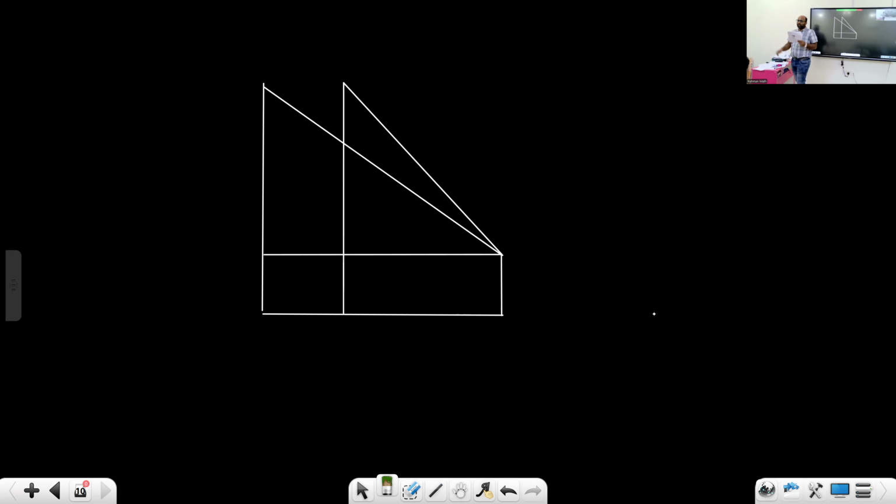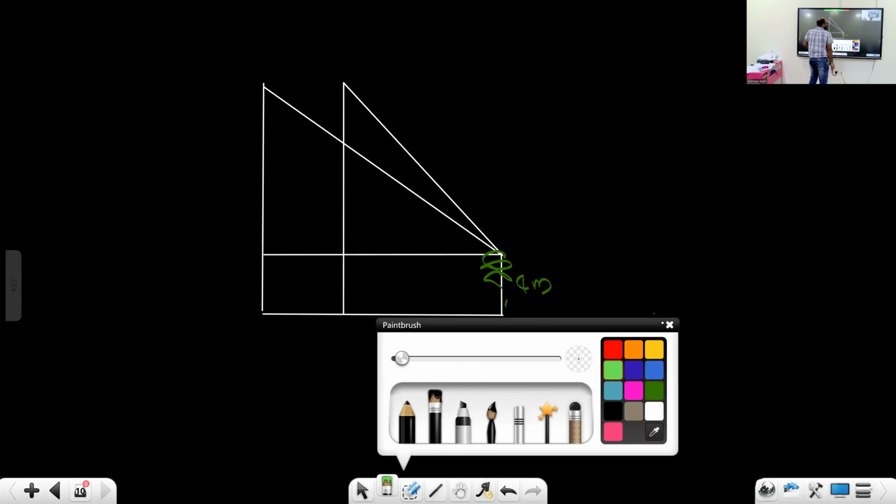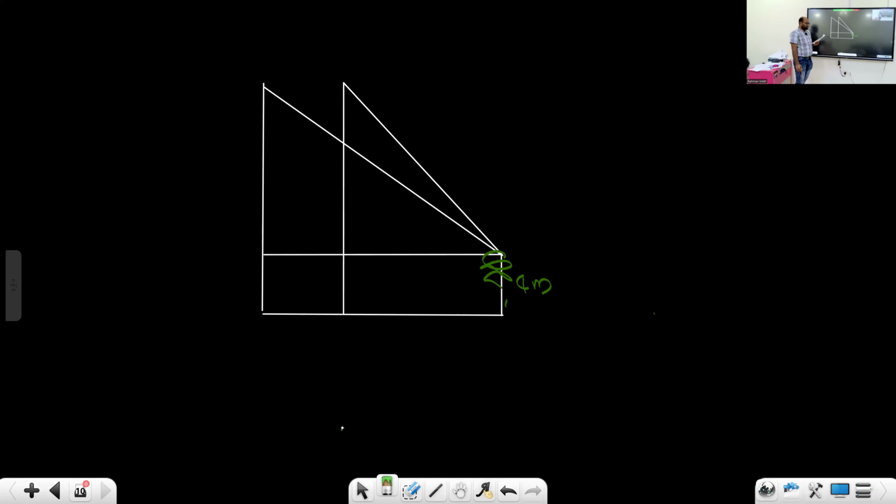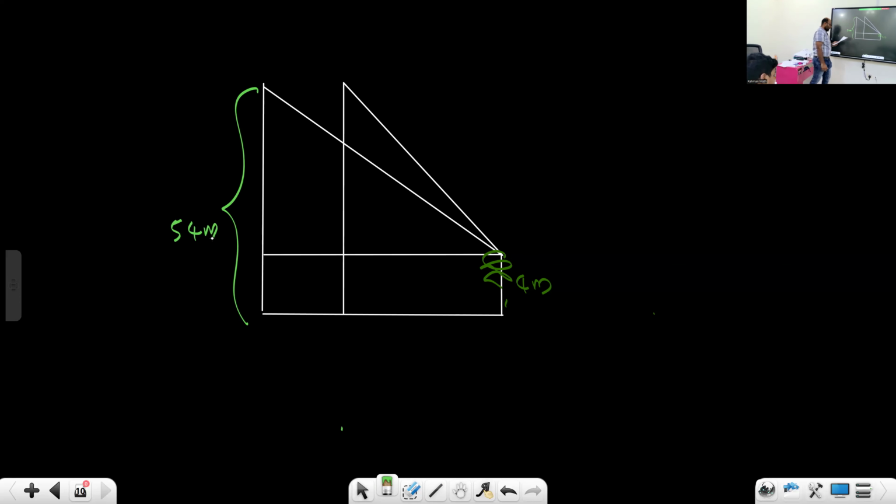Maybe standing on the top of something we don't know. This is 4 meters. This is our boy. 4 meter height is there. And this height is 54 meters. And the angle of elevation, this is 45.